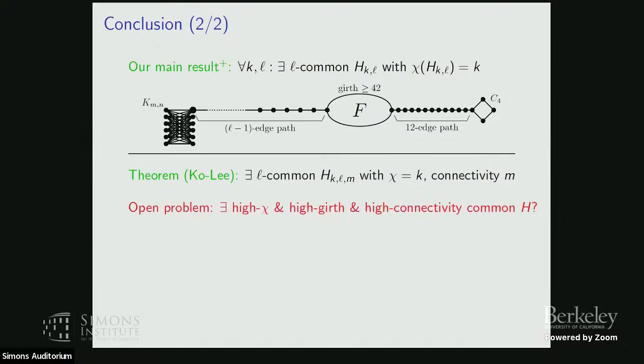So an open problem is: can you also make the girth large? To state it precisely, is there a common graph H that has high chromatic number, high girth, and high connectivity? I don't know. And I guess it's exactly 40 minutes now, so I should stop.